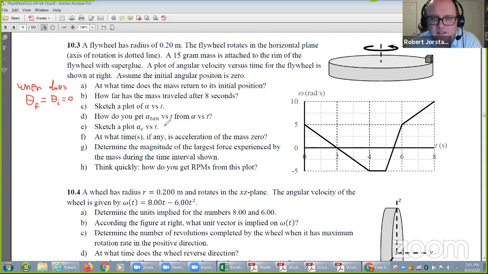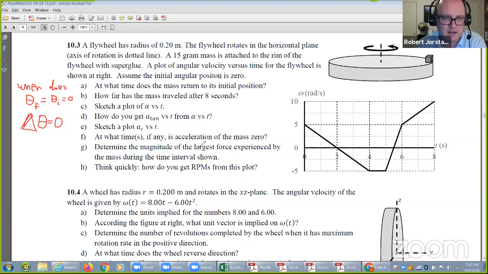I don't know if you could see it, but try to think back to chapter 2. All right. And maybe if I wrote it this way, if theta final equals theta initial, what is delta theta? Think to yourself or chat with a neighbor. Hopefully you thought, oh, well, delta theta is 0.